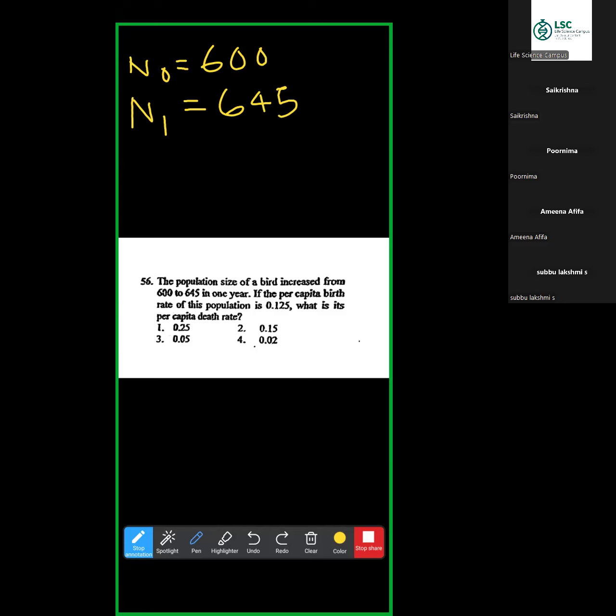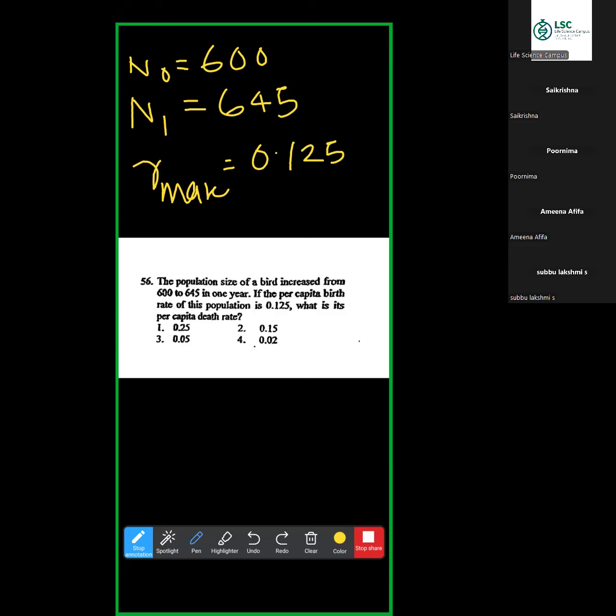This per capita birth rate and intrinsic rate of increase are the same. They are referring to R max. So in the question, R max is given as 0.125. So don't get confused when seeing per capita birth rate. It is the same R max.